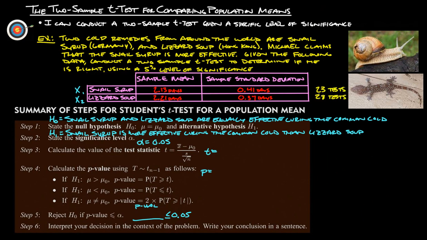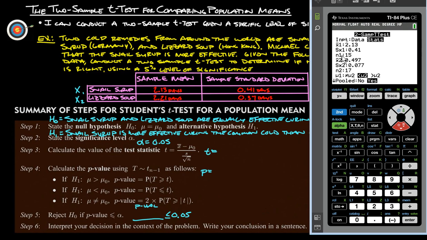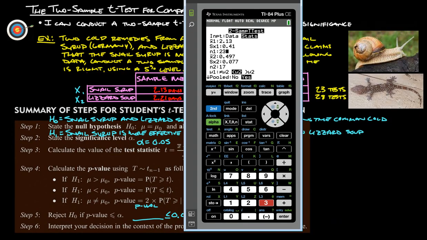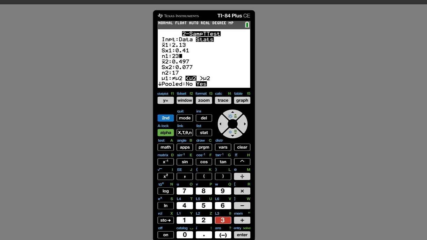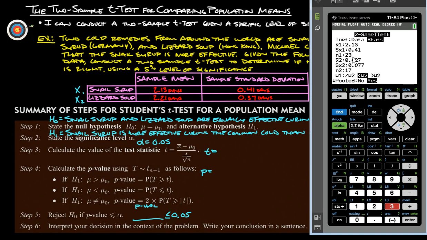We're going to say that for snail syrup we had 23 tests, and for lizard soup we had 28 tests. I just forgot to write it in, so I'm going to pretend that I had. So our n1 is 23, the number of tests we performed, how many pieces of data we have.